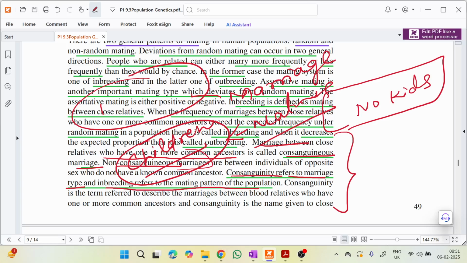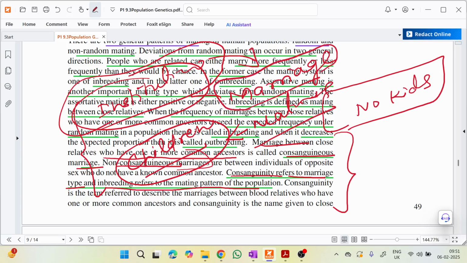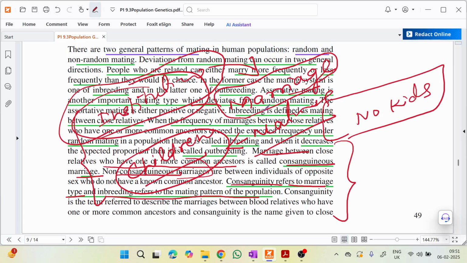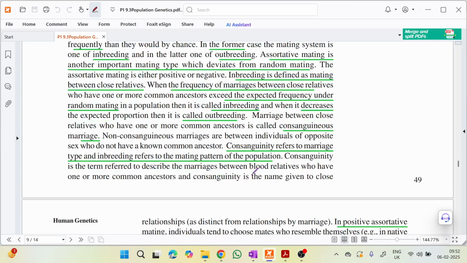It is the institution that controls the life of a couple, the issues and customs related to the living together of a couple. So here is a slight distinction. Whenever you get confused, just remember that consanguineous is a marriage type. But if the same marriage type results in children, then it will be known as mating.